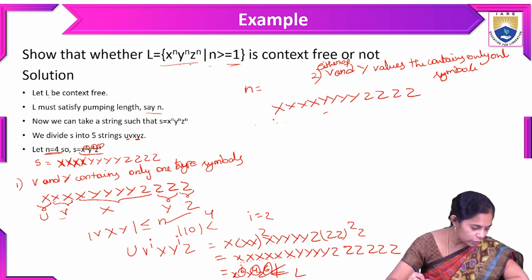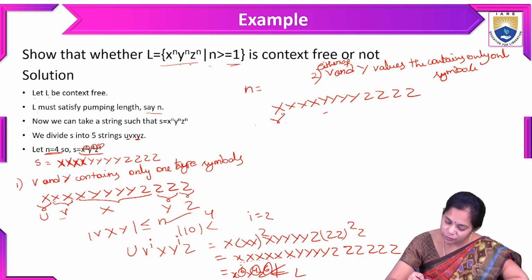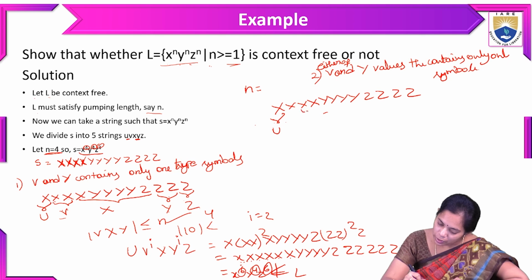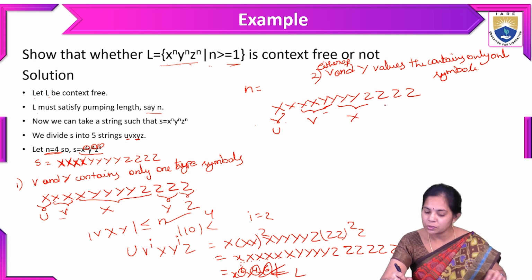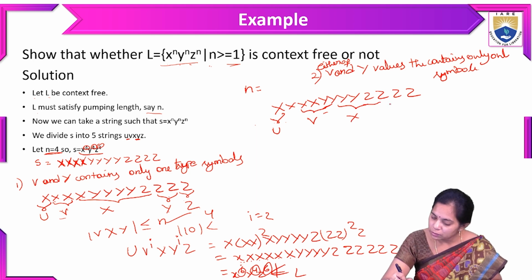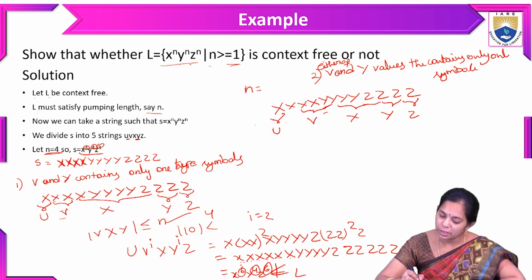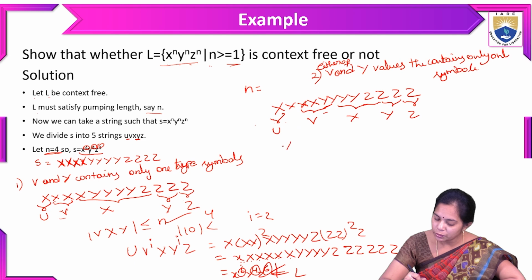Here we divide the x's: the first x is u, the first two x's are v, then this x, and here also this x, y and z. After this, if you take v equal to x, y.